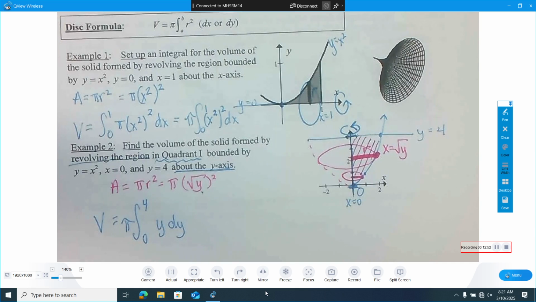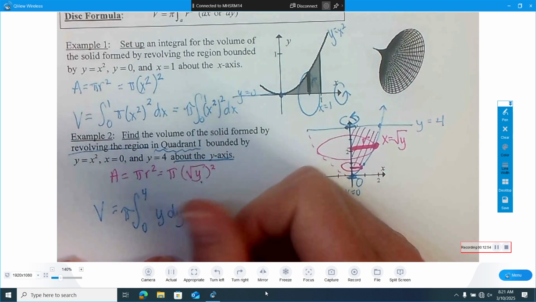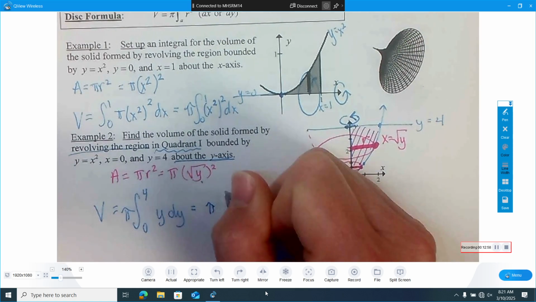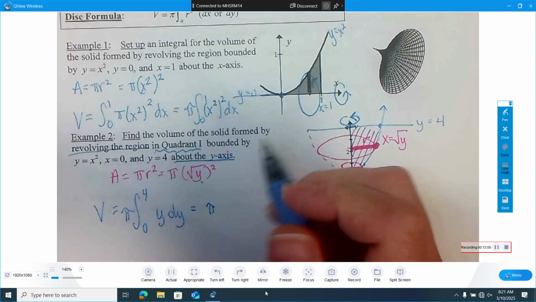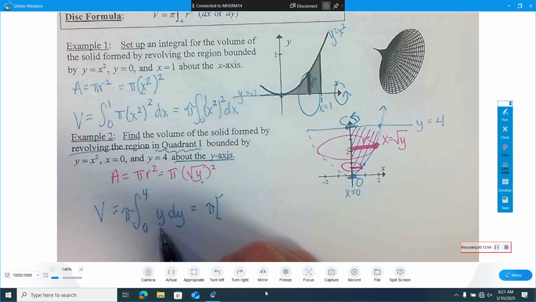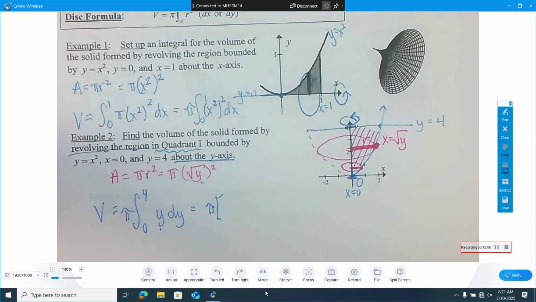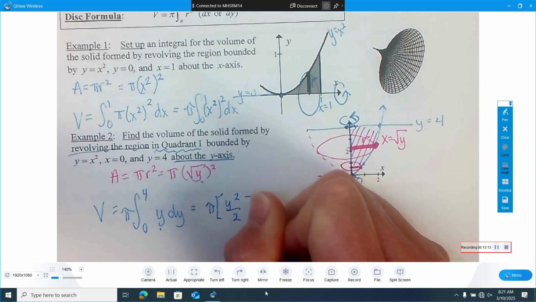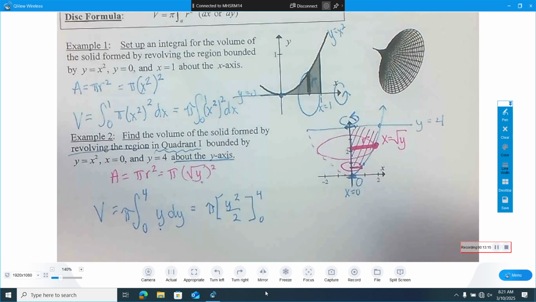And we actually do want to find this volume, not just set it up. So we can go ahead and integrate here. We got a pi out in front. And what is integrating y? Y squared over 2, integrating from 0 to 4.